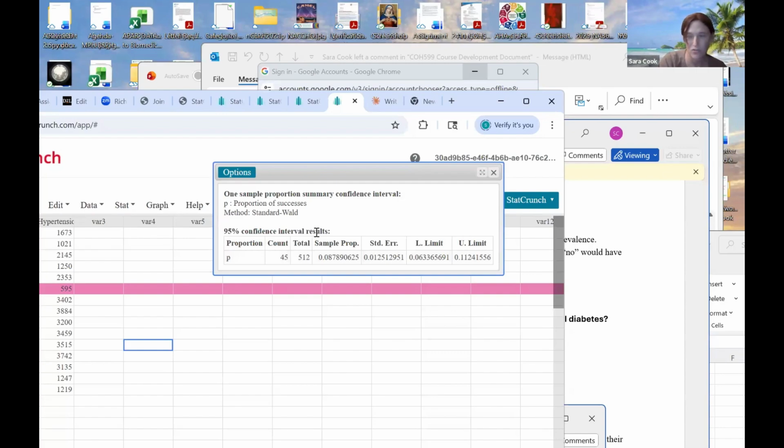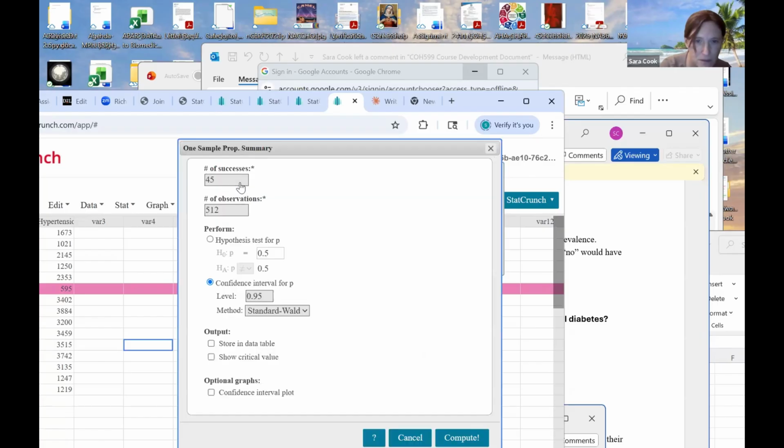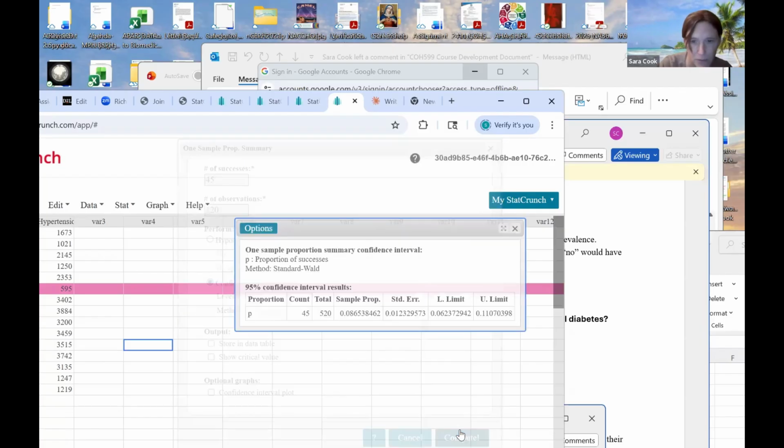It's not going to hugely affect the precision of our estimate. It was 8.7% versus, with rounding, 8.7%. So it doesn't make really that big a difference.